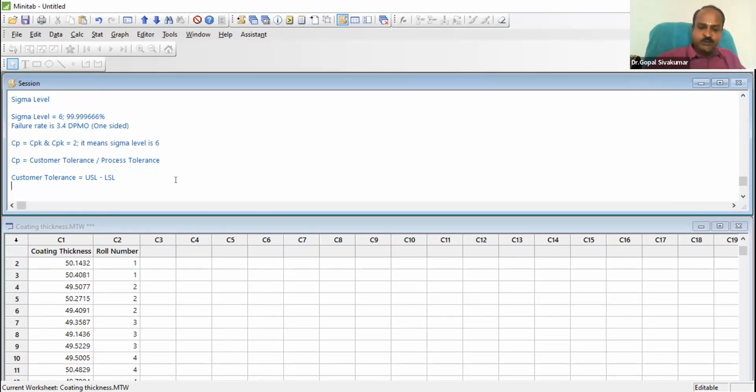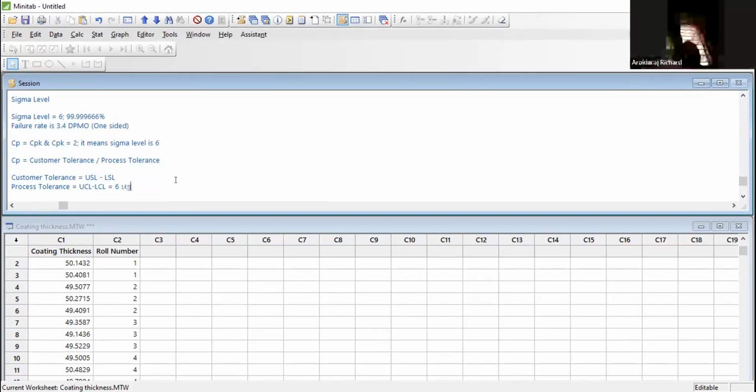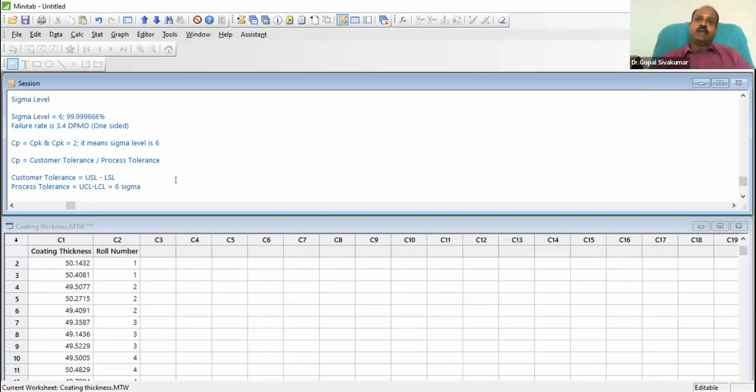Then what is process tolerance? UCL minus LCL, which will be equal to 6 times the standard deviation. If I calculate a ratio between customer tolerance and process tolerance, the ratio obtained is called the potential process capability ratio. All of you with me? Now look at my formula of CP.